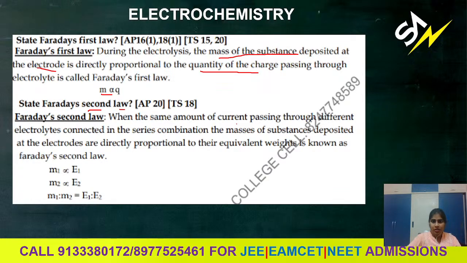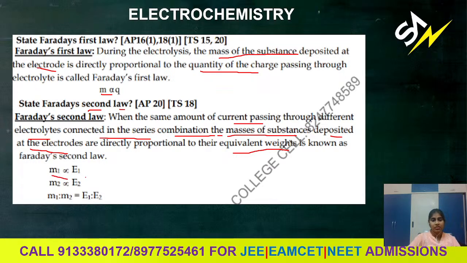When the same amount of current passes through different electrolytes, means different electrolytic solutions connected in series combination, the masses of the substances deposited at the electrodes are directly proportional to their equivalent weights. In the first law it is directly proportional to the charge. In the second law, it is proportional to the equivalent weights of the electrolyte solutions which we are taking.